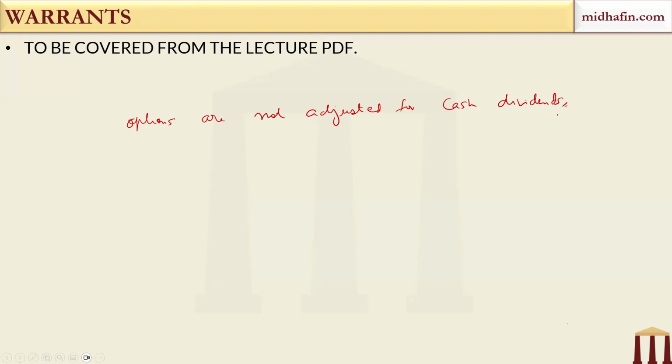Okay. So ideally, theoretically, we saw that since dividends reduce the price of the stock, they should have an inverse relationship with call and a direct relationship with put, right? That is what we saw earlier.